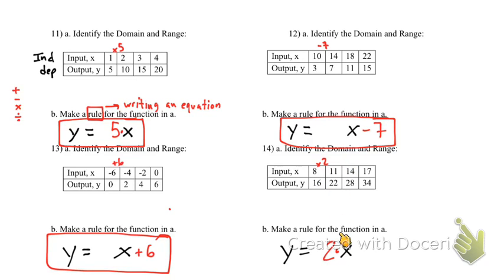Let's plug in 11. 11 times 2 gives me 22. So far, so good. Plug in the next one. 14 times 2 gives me 28. That works. And plug in the last x. 17 times 2 gives me 34. So we found my rule, and it's y equals 2 times x.